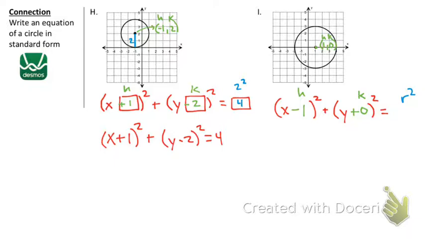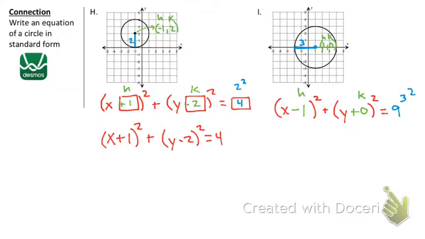Our radius is the distance from the center to any edge. So I'll just use this edge here. So that is 1, 2, 3. So our radius is 3. So now we're going to go ahead and do 3 squared, and that's going to give me 9.